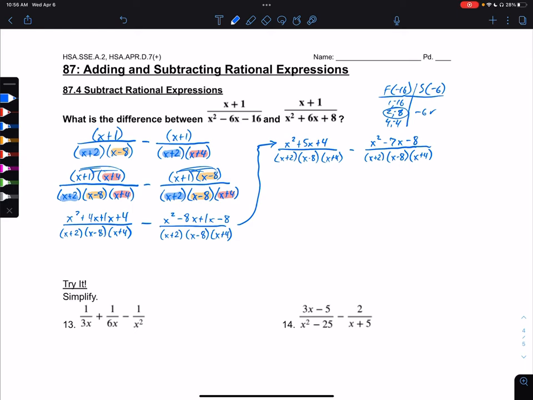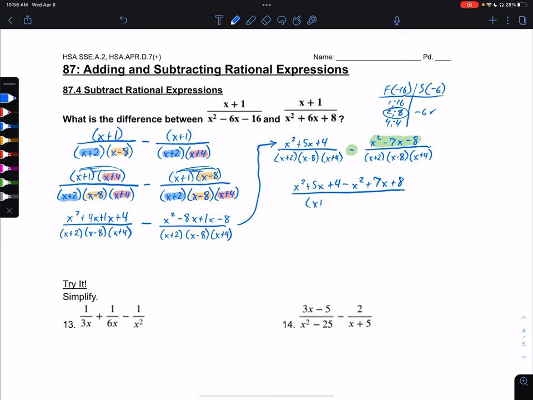All right, now, the next thing we want to be extra careful of is that we need to remember that this subtraction sign here applies to the entire numerator. So you need to think of it almost like distribution. So I'm going to combine these two fractions, and I'm going to do x squared plus 5x plus 4 minus x squared minus negative 7x, so that's going to become positive, and then minus negative 8, so that would also become a positive 8.